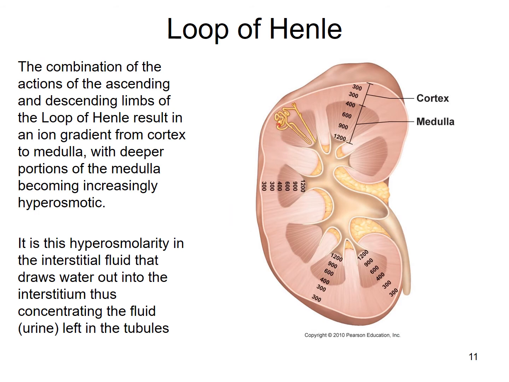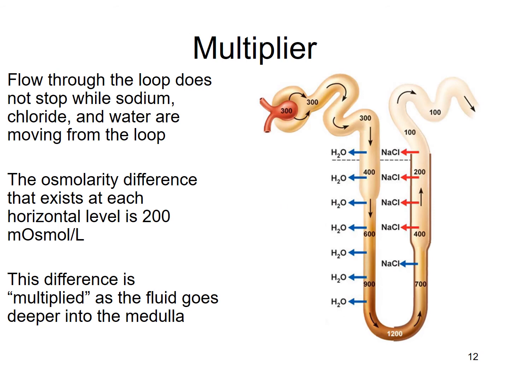So your combination of the ascending and descending loops of Henle results in an ion gradient. And so deeper portions of the medulla become increasingly hyperosmotic. And again, this hyperosmolarity will concentrate the fluid that gets left in the tubules. Now, I want to make clear that flow through the loop doesn't stop while these things are moving out of the loop.